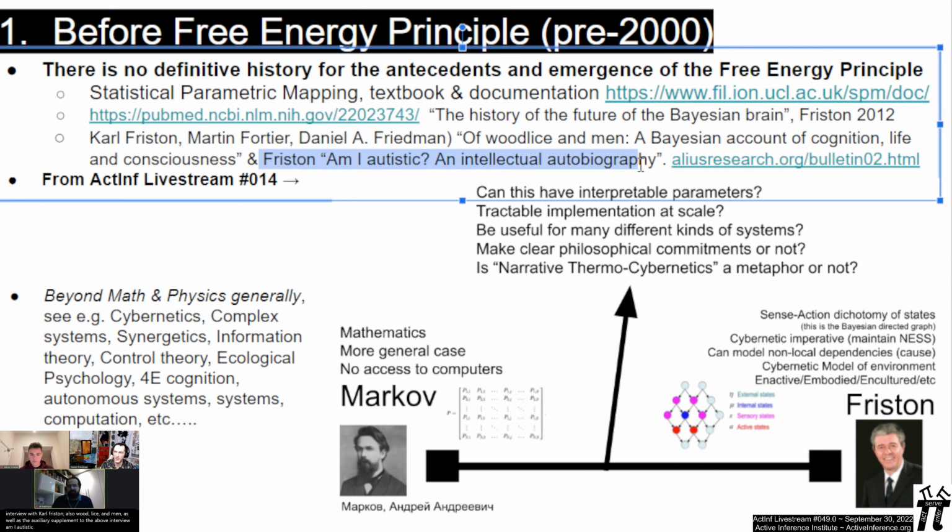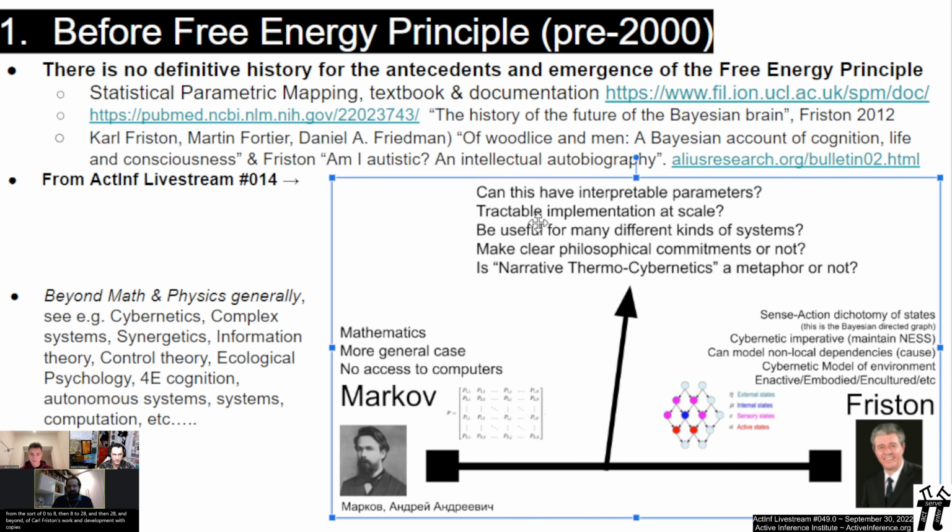An Intellectual Autobiography. So that'll take somebody from the sort of 0 to 8, and then 8 to 28, and then 28 and beyond of Carl Friston's work and development with copious references out.